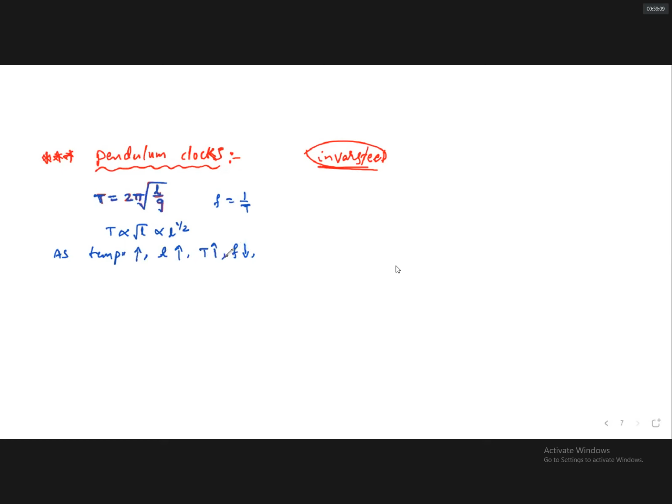A decrease in frequency of oscillation means the clock runs slow, which means it loses time. So as temperature increases, pendulum clocks lose time.